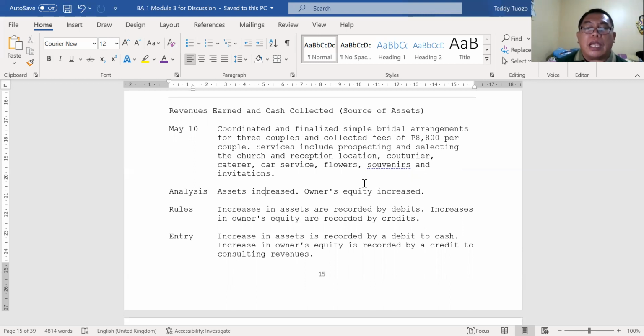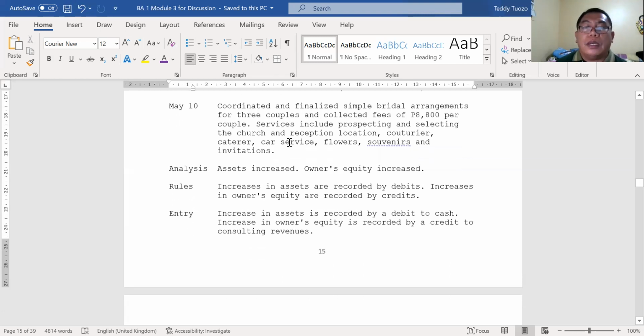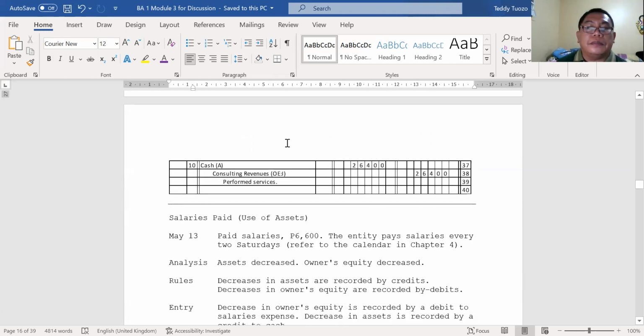The value received here is cash, a debit to cash, and a credit to consulting revenues. Remember that income has a normal balance of credit. To make it easier, for the explanation, perform consultancy services or perform services will do, to be uniform.